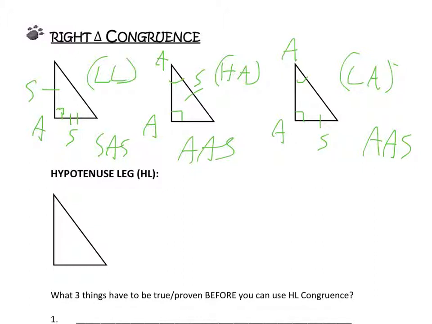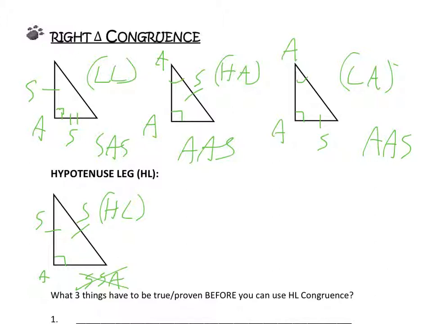Now this is where it gets interesting, because if I have a right angle and I have a leg and a hypotenuse, this is side, side, angle. Well, we've been saying that that's not a way to prove triangles congruent, and it's really not, except for when they're right triangles, then it works.